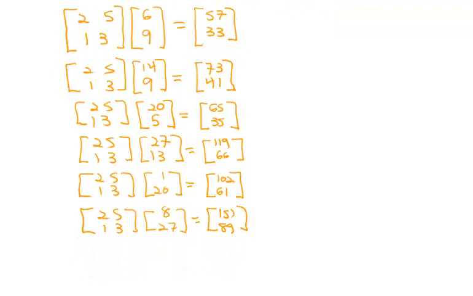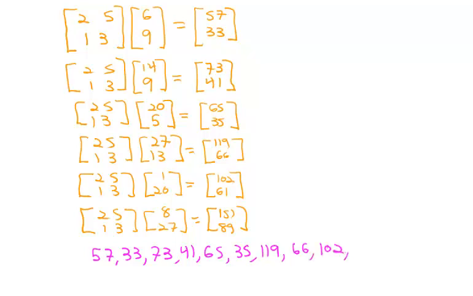And so when we write out our coded message, we just list these numbers. 57, 33, 73, 41, 65, 35, 119, 66, 102, 61, 151, and 89.